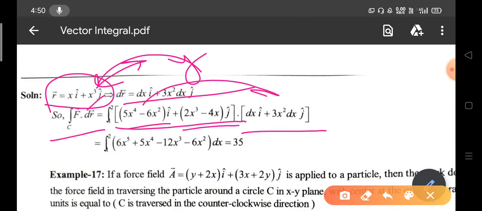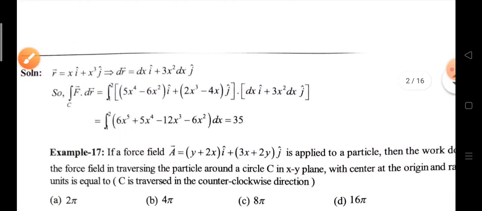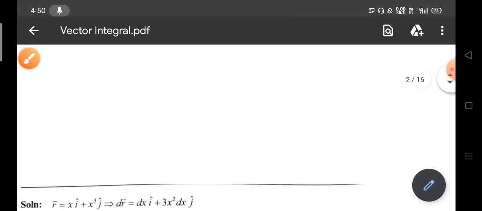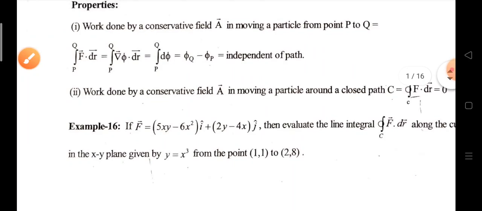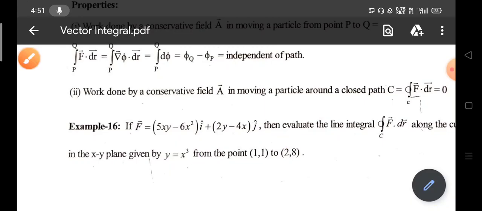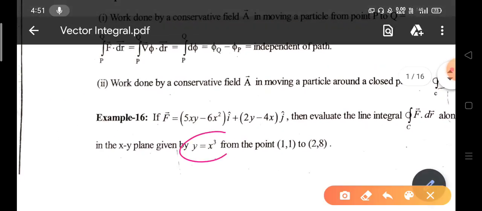So i dot i gives you (5x to the power 4 minus 6x square) dx plus (2x cube minus 4x) into 3x square dx. Just simplify this multiplication, you will get the value as 35. That's all. And here the integration limit is from 1 to 2, because you are integrating with respect to dx, so the change in x is 1 to 2. You don't have to find dy separately, because you are writing y in terms of x.